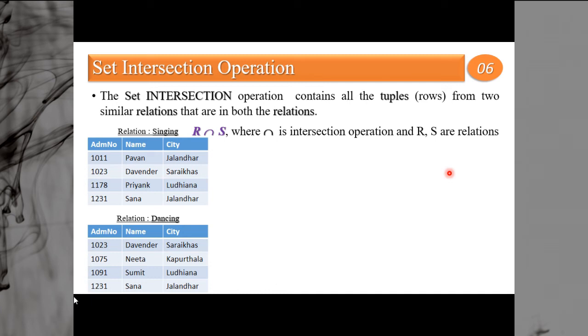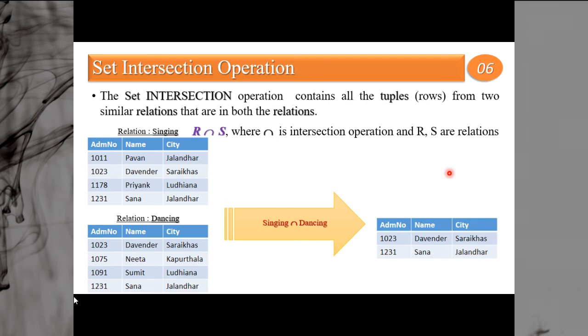So we will use this intersection operation: singing set intersection dancing. This is what we get: Devender, admission number 1023 of Sarai Khas, and Sana, admission number 123431 of Jalandhar. They are taking part in both events.